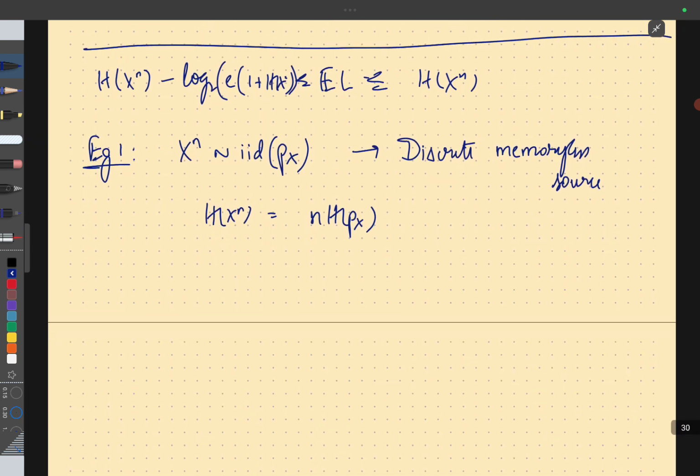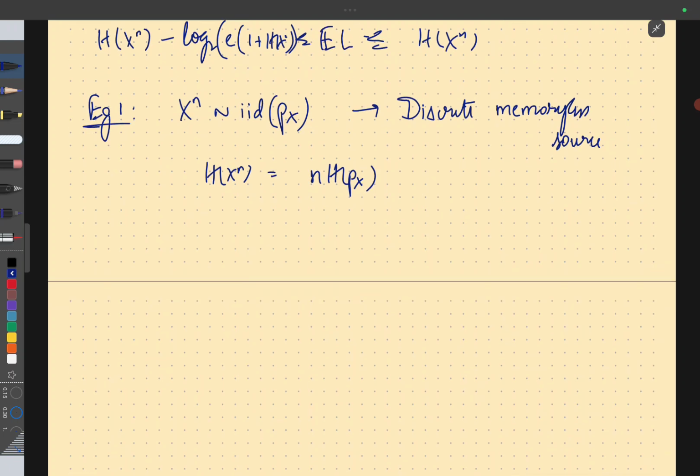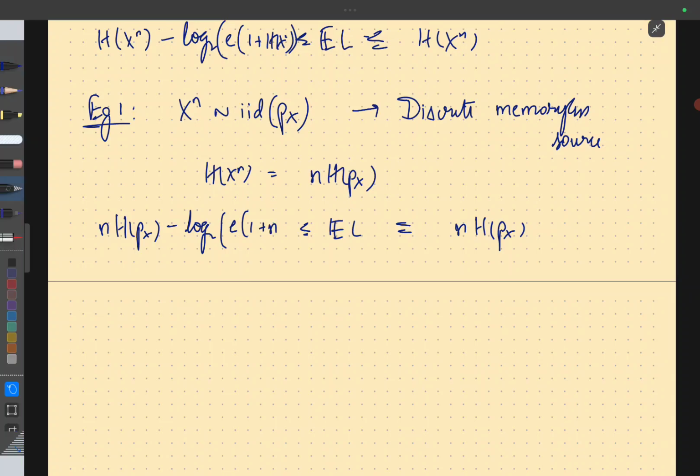So what happens to the upper and lower bound? The expected length is less than or equal to n times H(P_X), and it's greater than or equal to n times H(P_X) minus log e times (1 plus n times H(P_X)).